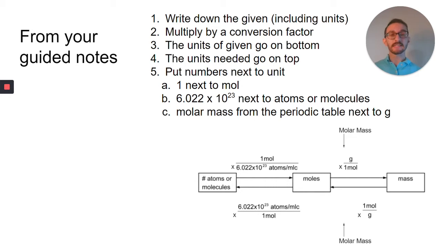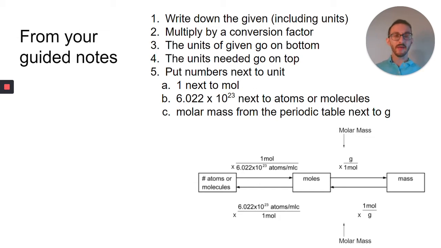And so similarly, we can use Avogadro's number to go from moles to number of atoms or molecules. Because of the way that we defined the number of atoms based on the mass on the periodic table, we can also go from moles to grams using the molar mass that we have looked up on the periodic table.